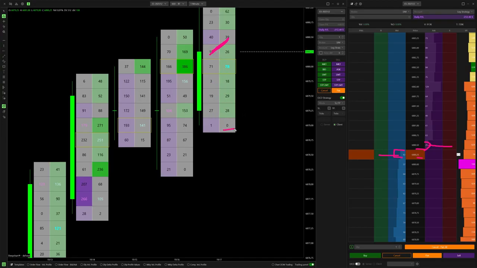That's why we have 0 here and 0 here, for example, right? So it's going like this, it's going like this. And then typically you have 0 here and 0 here. When you have a 0 and a 0, we call this a finished auction.